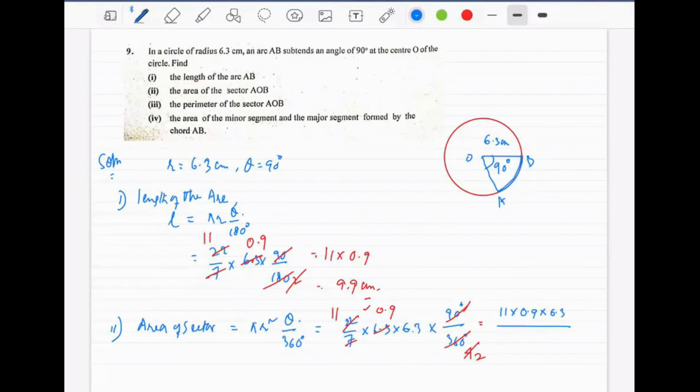What is left as denominator? 2. On further multiplication, we will obtain 9.9 and 6.3. Look, if you multiply 11 and 0.9, we have just seen that we obtain 9.9, right? 9.9 and 6.3 you multiply on the side.